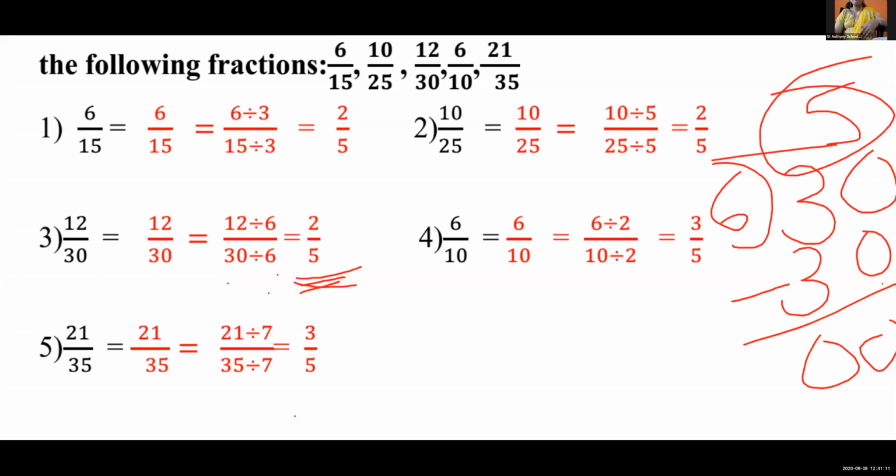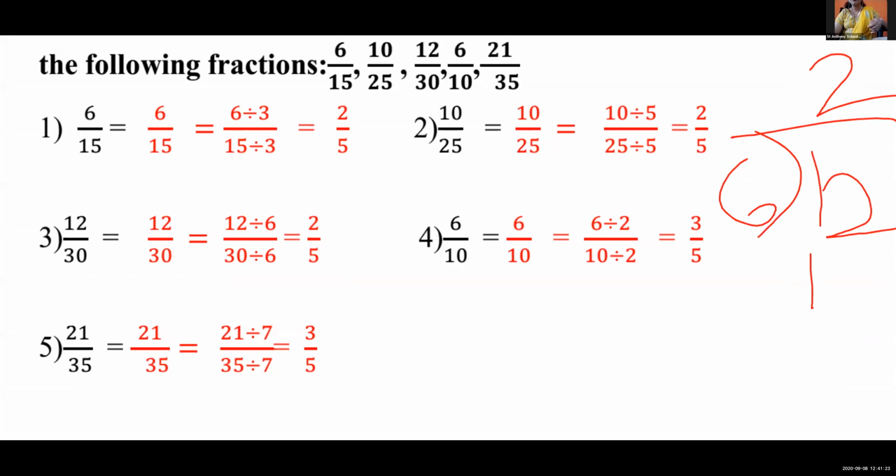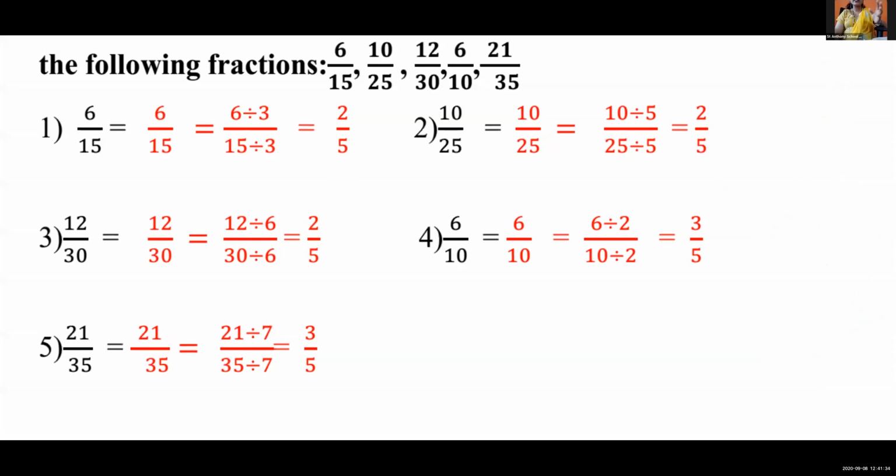And if we are dividing the denominator by 6, that same number we use in the numerator also. So 12 divided by 6. 6 2s are 12. So what will come? 2 in the numerator. Again, 12 upon 30 and 2 upon 5 are equivalent fractions.